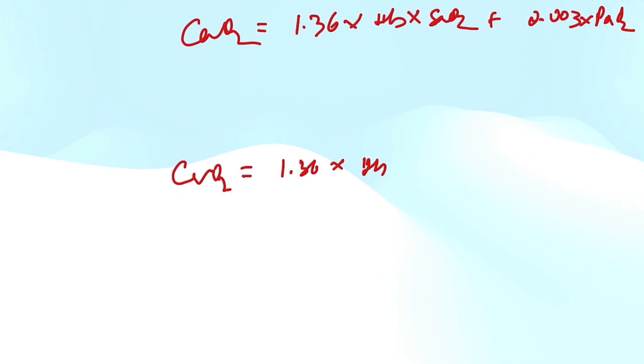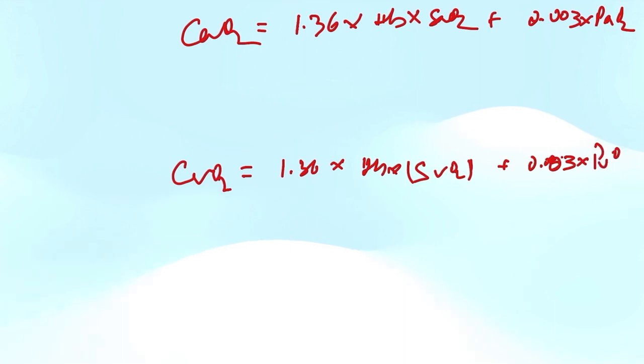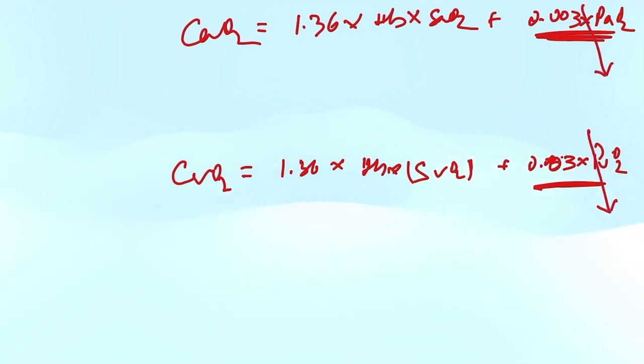Same goes for the venous blood: 1.36 into hemoglobin into oxygen saturation of hemoglobin in the venous blood plus 0.003 into PvO2. For calculation purpose, you can ignore the dissolved part because it contributes less than 1% of the total oxygen content. Okay.